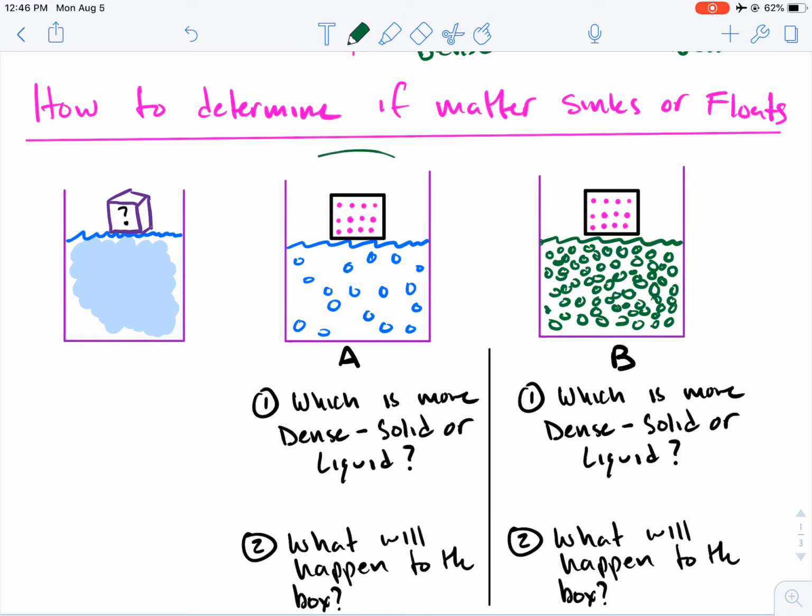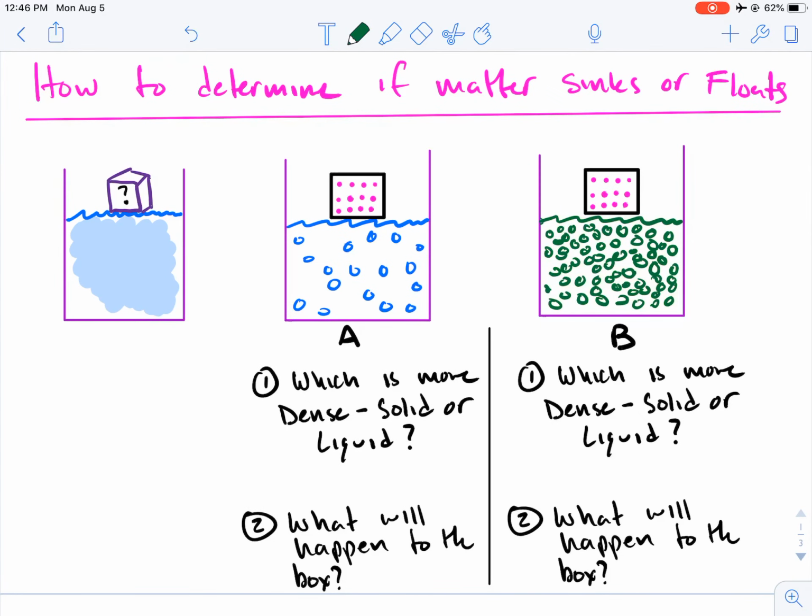So now let's take a look at this first example, example A. So if we take a look at the cube and we take a look at the liquid, I just want you to consider which one is more dense. So remember, density is compactness. So you can see the particles here, and I want you to consider which is more dense. Is it the cube or is it the liquid?